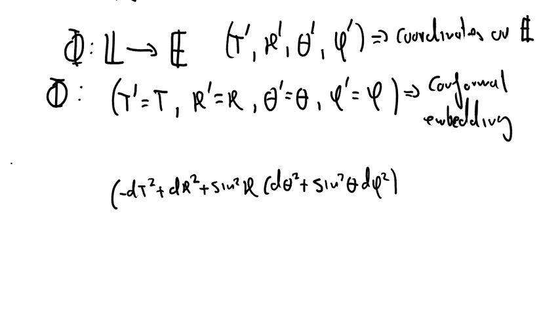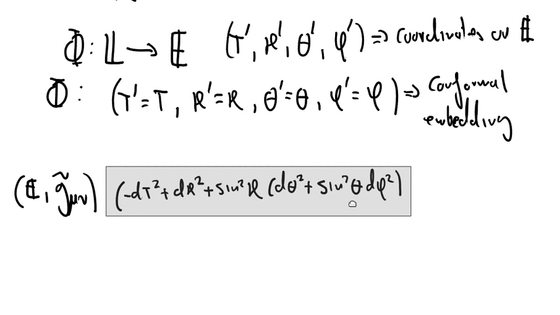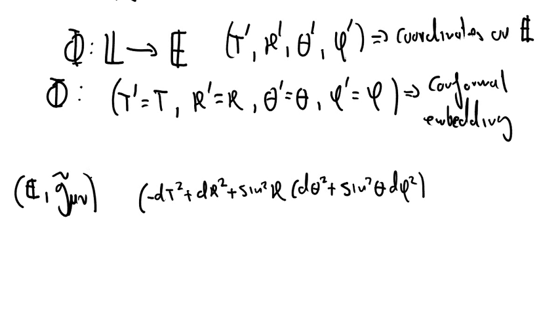So this is the Einstein static universe. Now I have to add primes to the coordinates according to our convention.